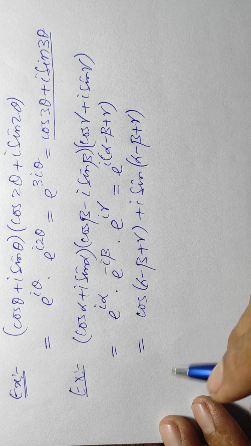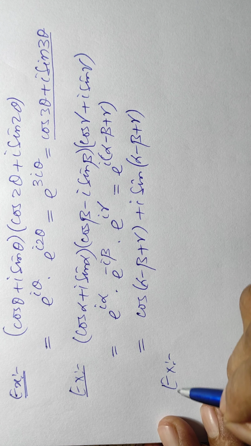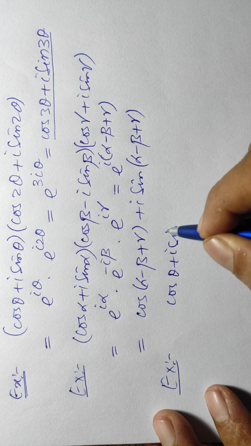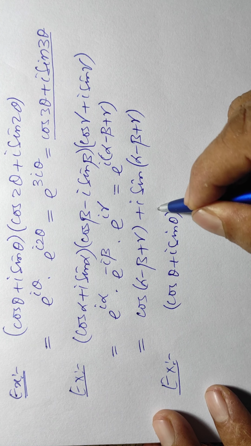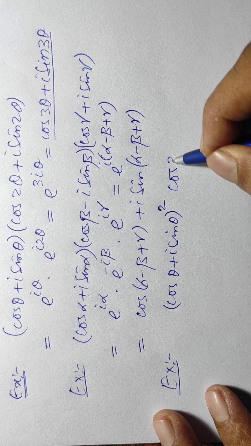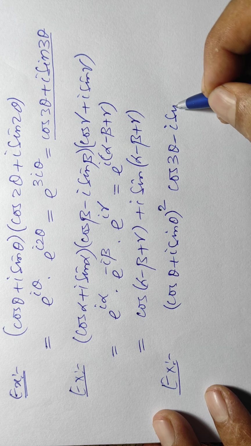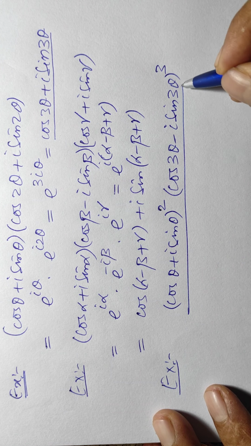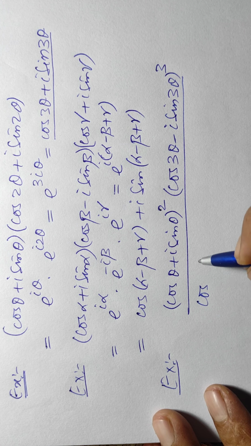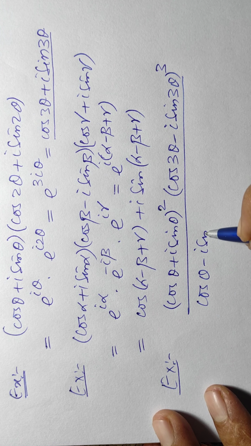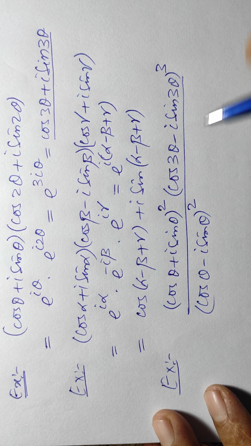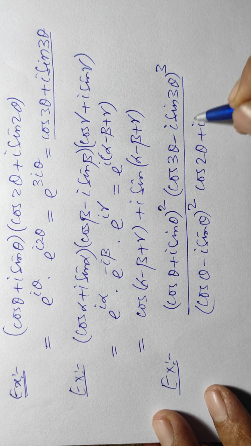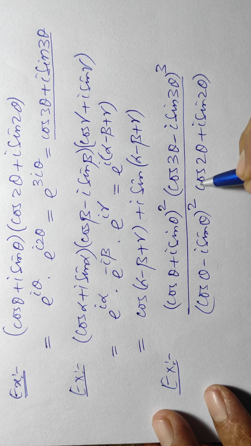Another question. Very interesting question I am going to tell you. (cos theta plus i sin theta) to the power 2, (cos 3 theta minus i sin 3 theta) to the power 3, whole divided by (cos theta minus i sin theta) to the power 2, (cos 2 theta plus i sin 2 theta) to the power 5.